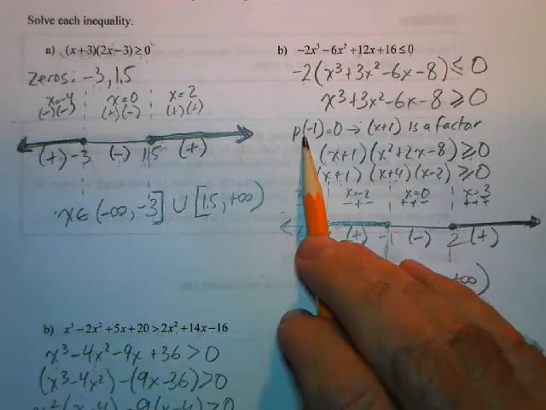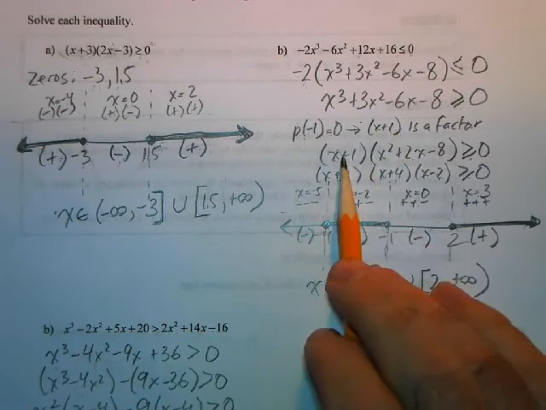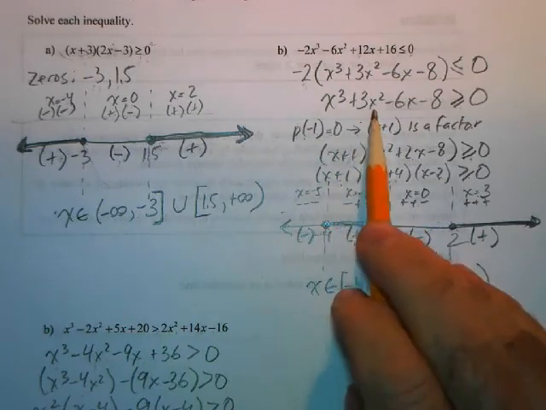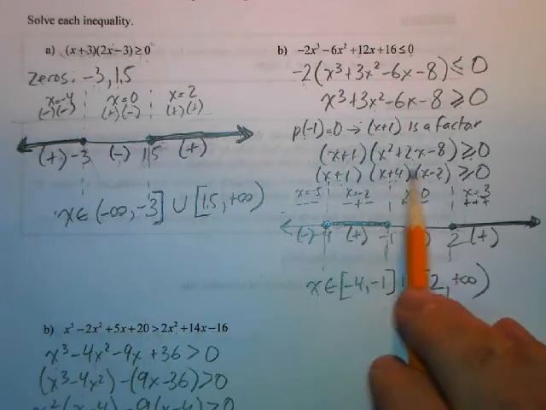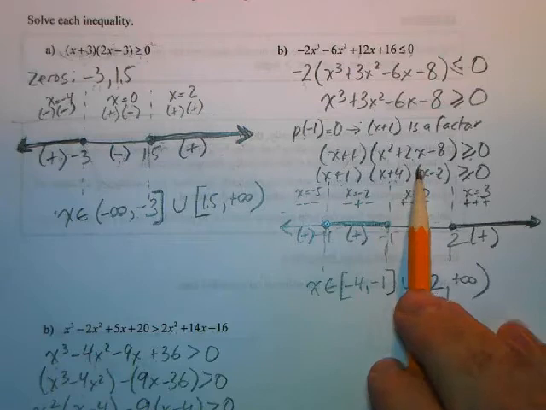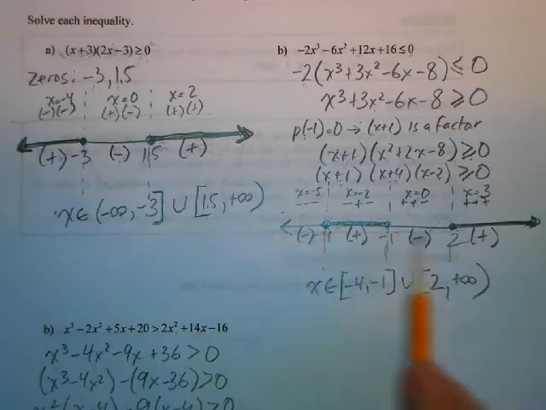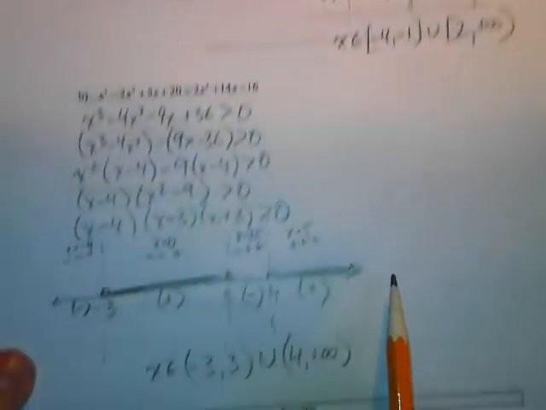We found a value of x that created a 0. So then we knew a factor, x plus 1. We divided it out from the original equation here. And then we're able to factor that as well. Found our 3 zeros. The rest was the same as before. Test each interval and then come up with our interval notation solution.